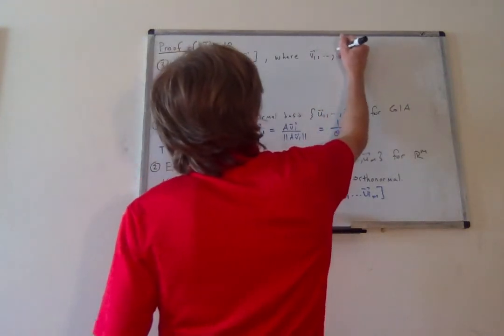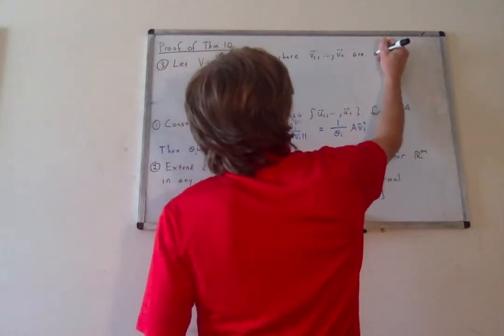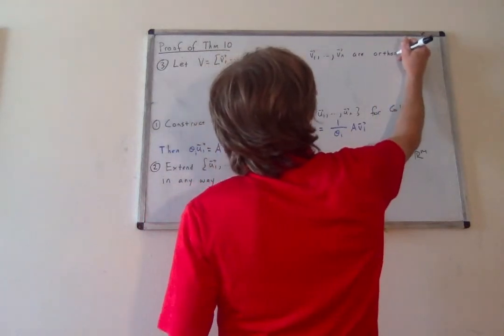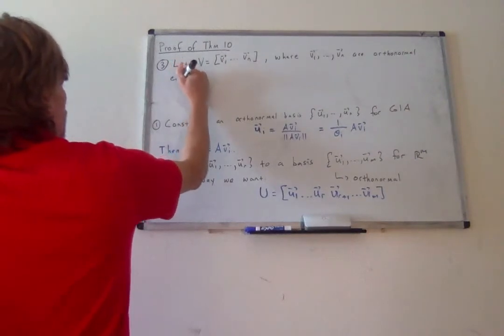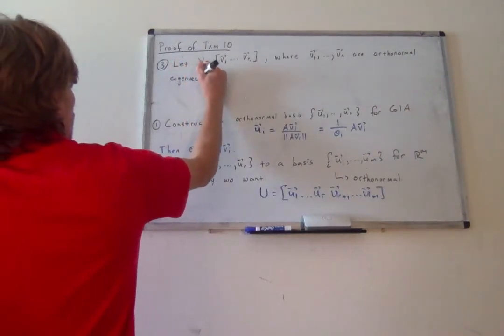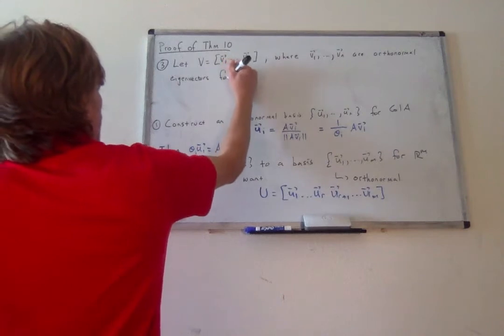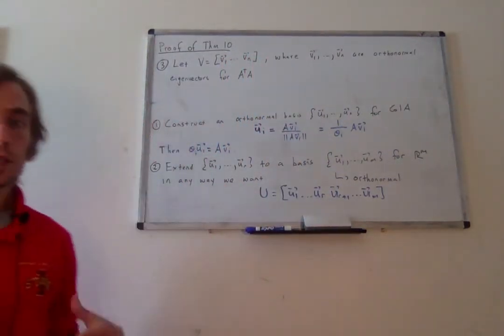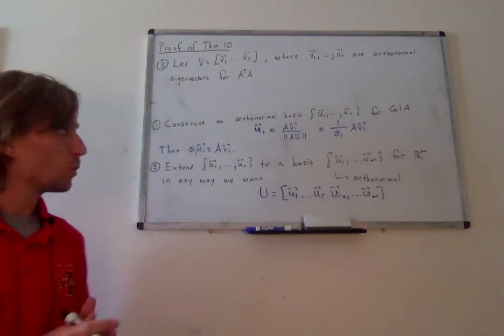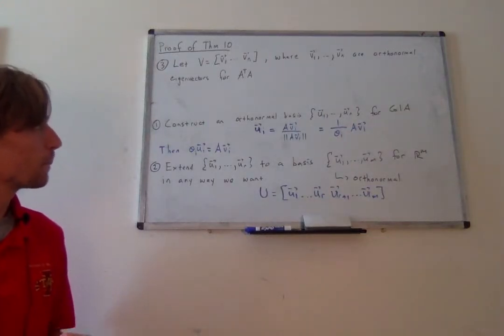So these are our orthonormal eigenvectors for A transpose A. And again, we've ordered them to correspond. So v1 corresponds to the largest eigenvalue, vn corresponds to the smallest eigenvalue.